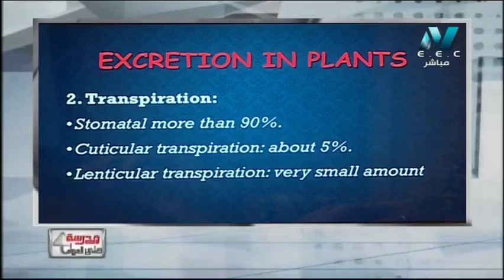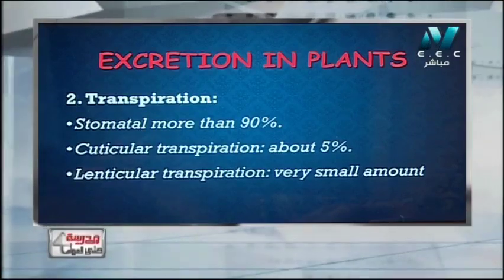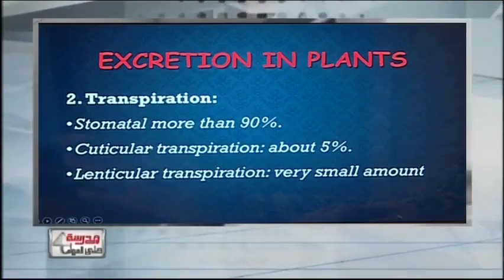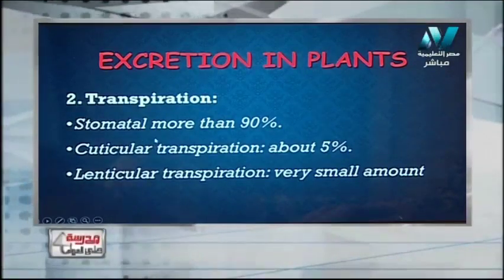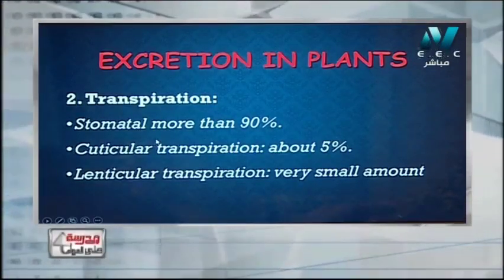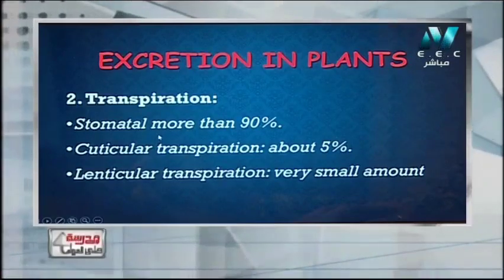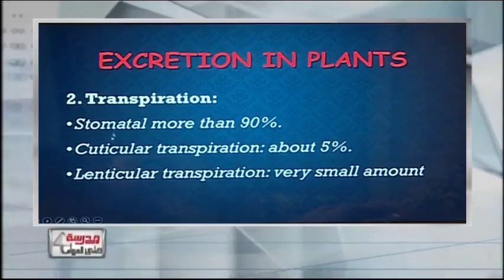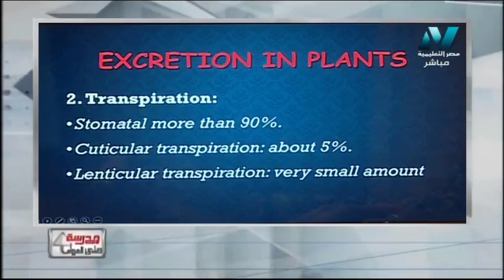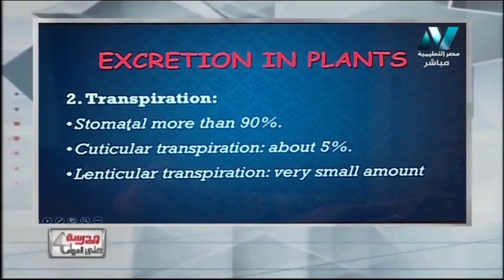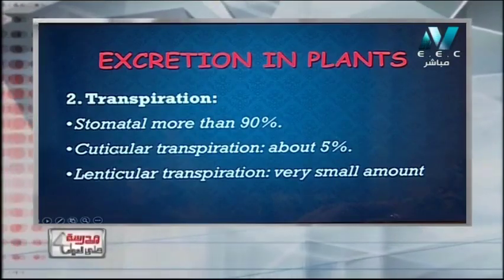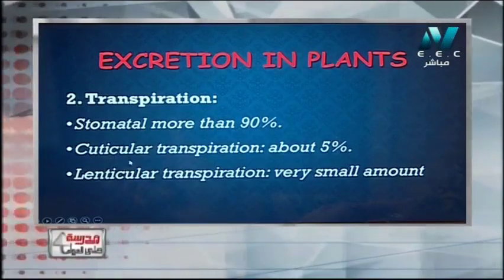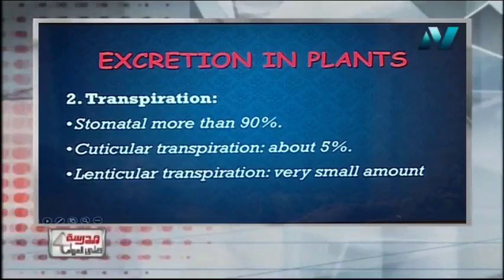In certain plants, guttation occurs, but transpiration occurs in all plants. In guttation, the plant gets rid of this water through a device called hydathode, but in transpiration the water goes out of the plant through stomata, cuticle layer, or lenticels. So three ways.